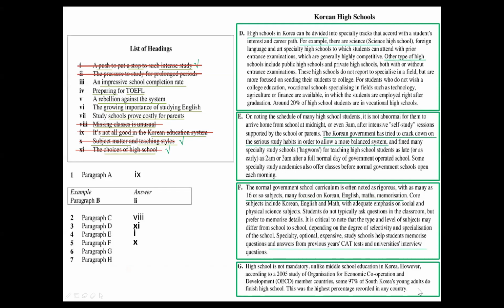Yes, thank you, Mr. Anam. That's the correct answer. For this paragraph, we have the keywords here. As Mr. Anam said, 97% of South Korea's young adults do finish high school. This was the highest percentage reported in any country. It means an impressive school completion rate. So the correct answer is heading number 3.